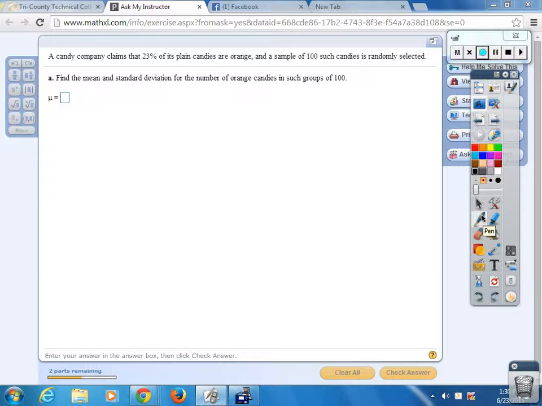I mean, it's ridiculous. All right, so mu is equal to 100 times 0.23. Look at that blazing calculating skill I got right there.